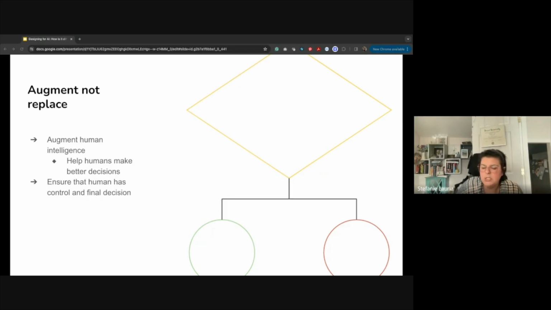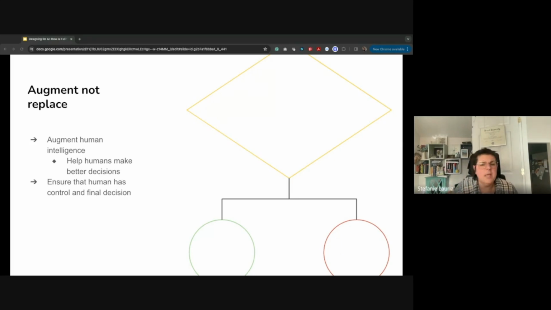And so especially when we're talking about experiences that have a big cost to humans, you must definitely ensure that humans have the final decision before an AI can take action on anything.